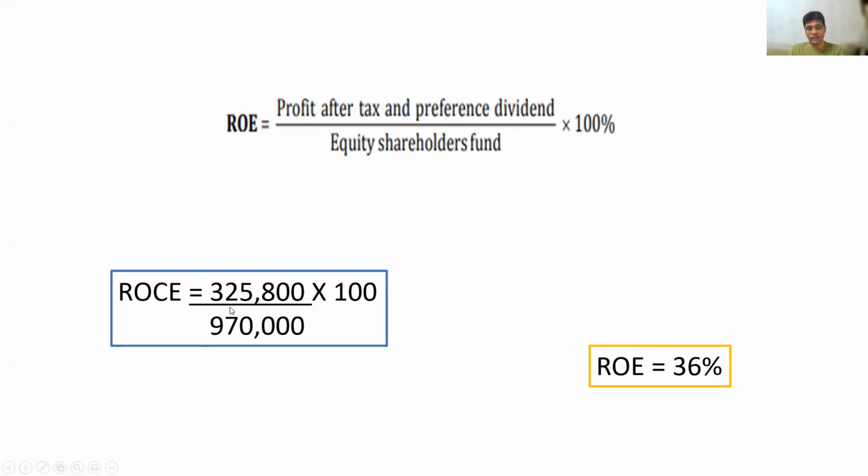We calculated the profit after tax as 325,800, divided by the equity shareholders' fund of 970,000, times 100. That will give you 36%. So this is how you calculate return on equity.